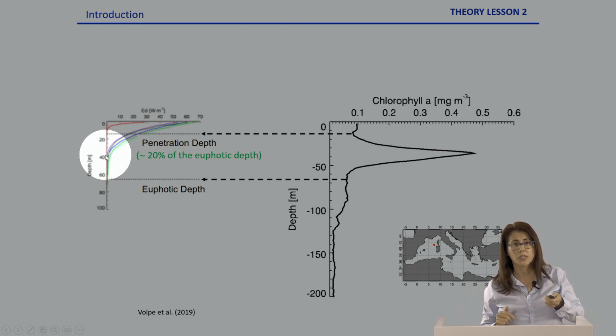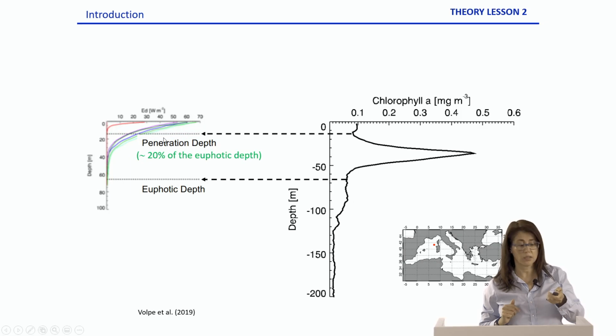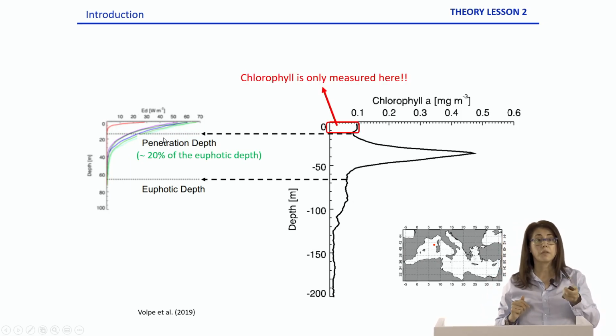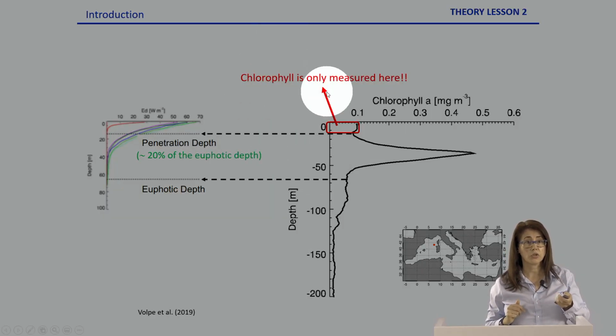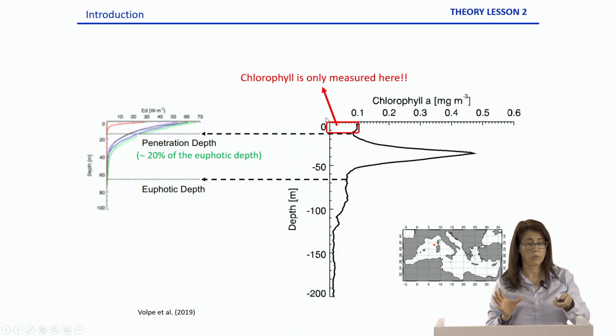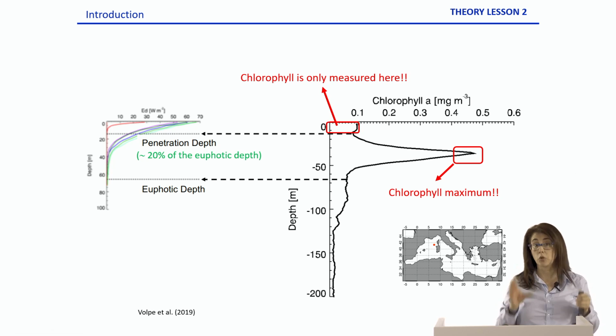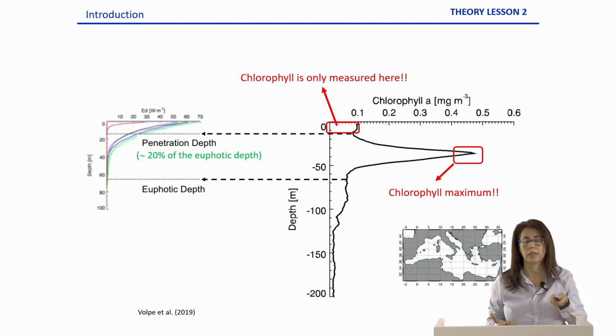So in this case, we see that the penetration depth is less than 20 meters. That means that the chlorophyll is only measured in this first less than 20 meters of the water column. However, we are missing this deep chlorophyll maximum. We cannot see it with the satellite.